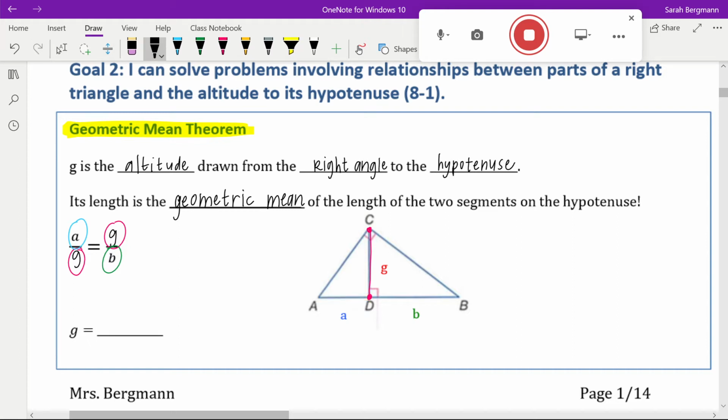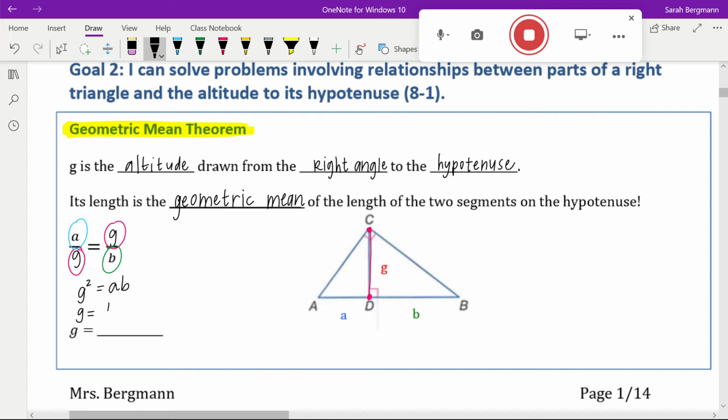We could write this as a proportion. A over G equals G over B. Sometimes this is how you might see geometric mean. However, if we cross multiply A times B, and cross multiply G times G, which is G squared, we get G squared equals A times B.